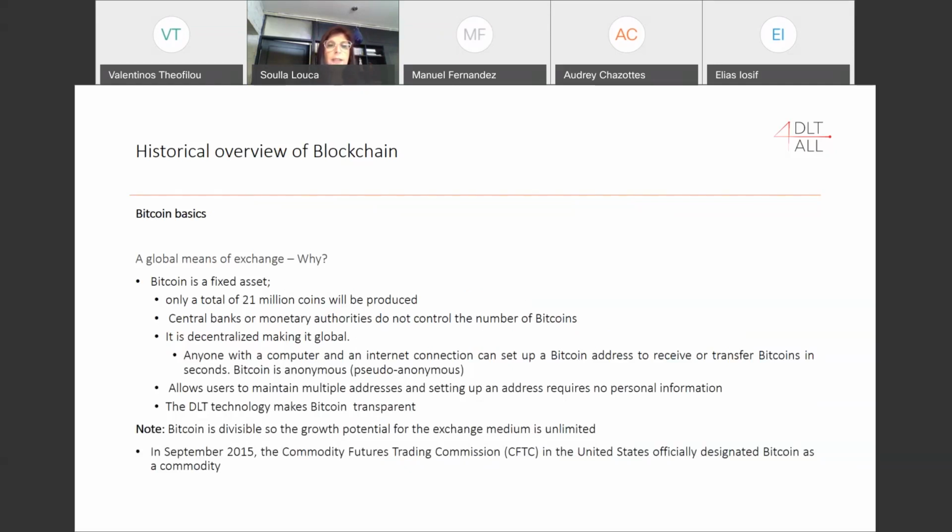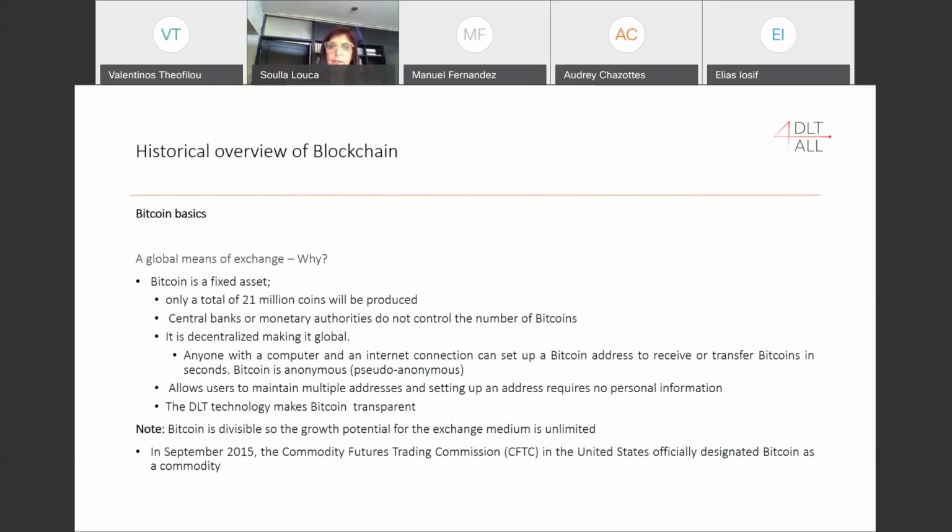And this is controlled actually by the network itself, the way the network is designed. It is decentralized, making it global. Anyone with a computer around the world and an internet connection can set up a Bitcoin address to receive or transfer Bitcoins in seconds.